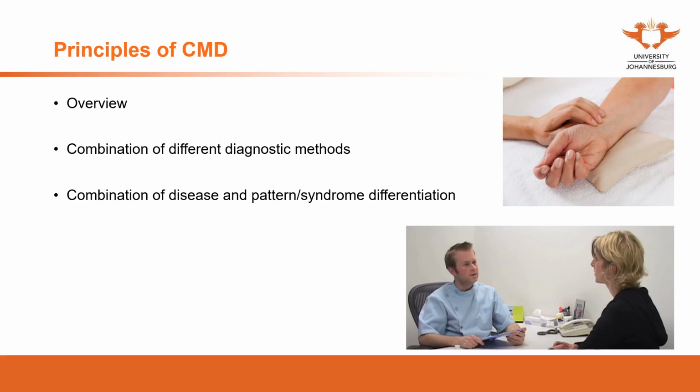The principles of Chinese medicine diagnostics. The first one, overview. We want to understand the overall health of the human body. Overall health, how do you know the overall health? Theories of the concept of holism.